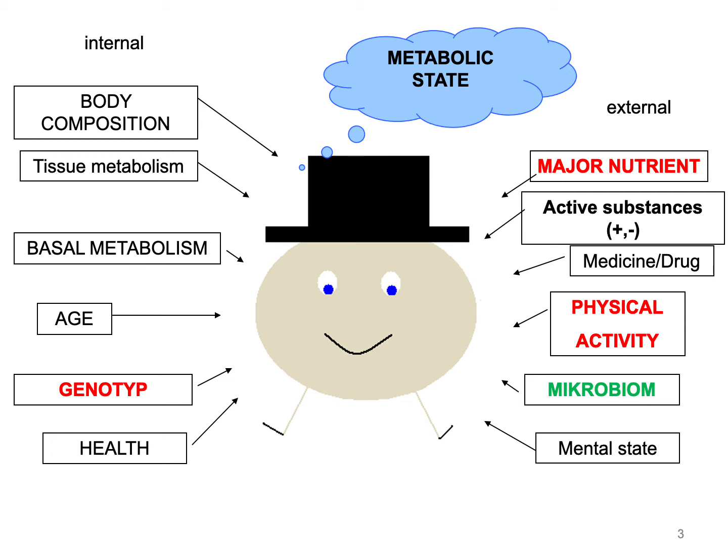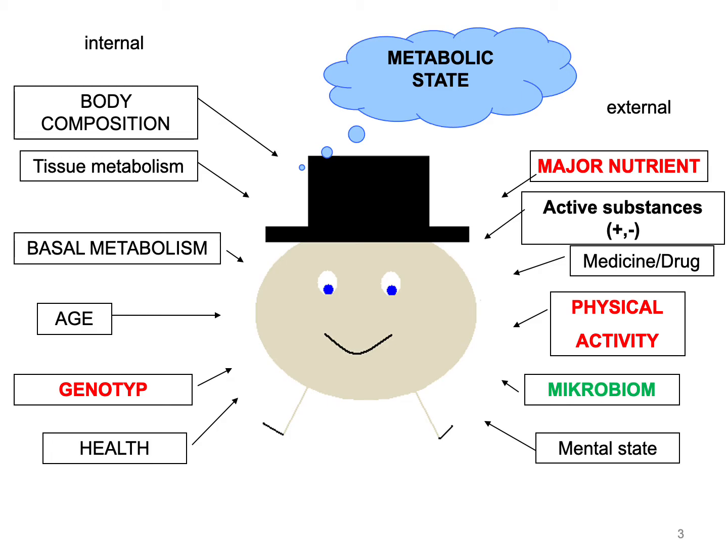Of course, the physical activity should also be mentioned. A very important role player is the microbiome and milliards of microbes in the gastrointestinal tract. And of course, the mental state has also some influence.